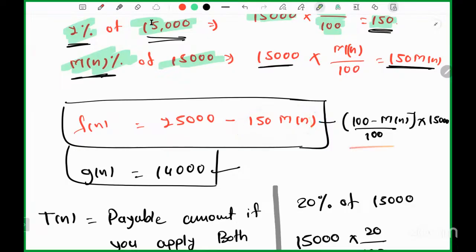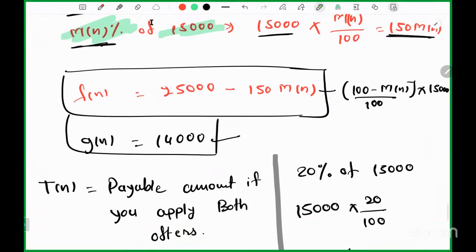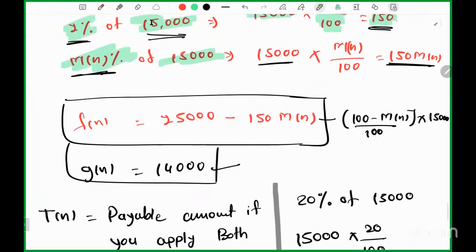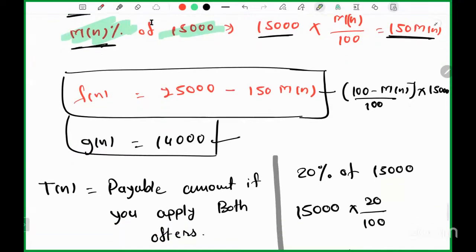You can calculate by this, or directly by the percentage. So this is your total payable amount after applying the first offer. Now this is the total payable amount after applying the second offer: just directly 15,000 minus 1,000, 14,000.